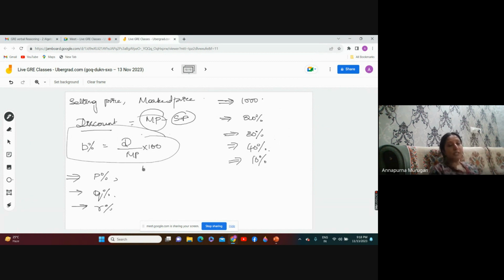I can use a simple step: (100 minus P) into (100 minus Q) into (100 minus R) divided by 100 into 100 into 100, this entire thing into the selling price. The selling price here is the discounted price.